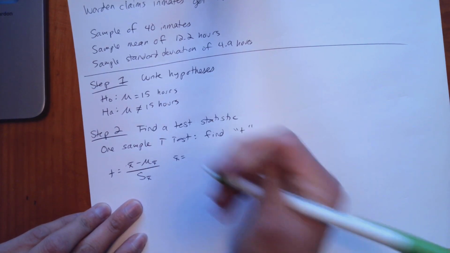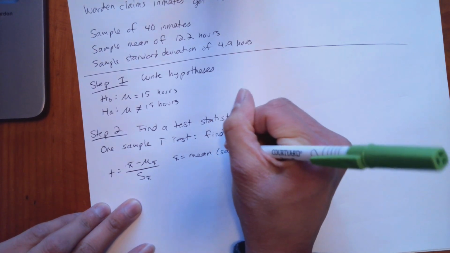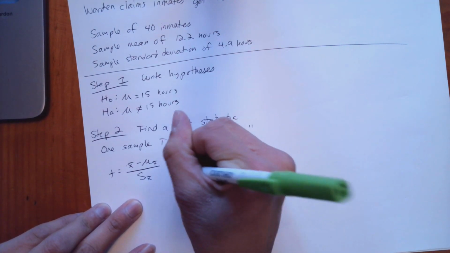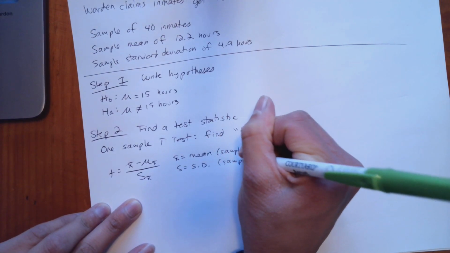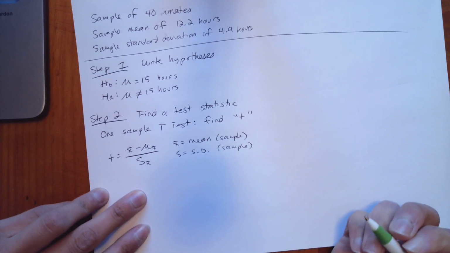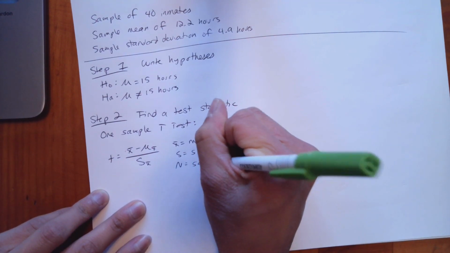And again, x bar is going to be our sample mean. S is going to be our standard deviation from the sample. And n is going to be our sample size.